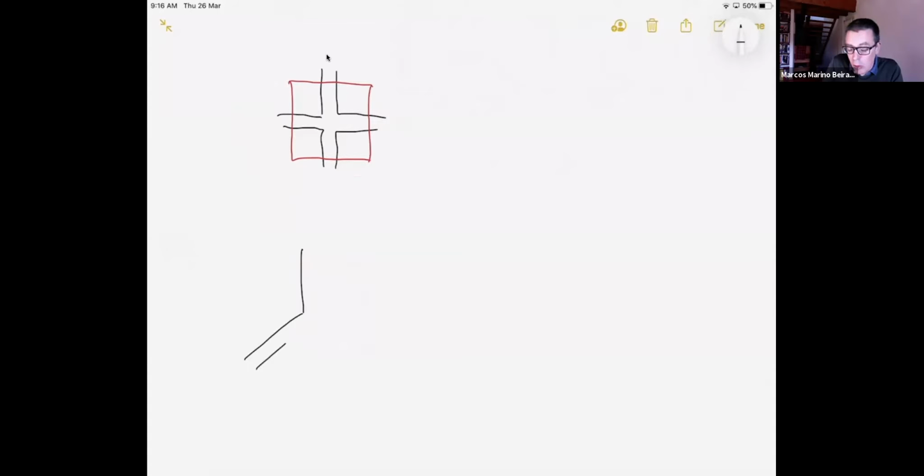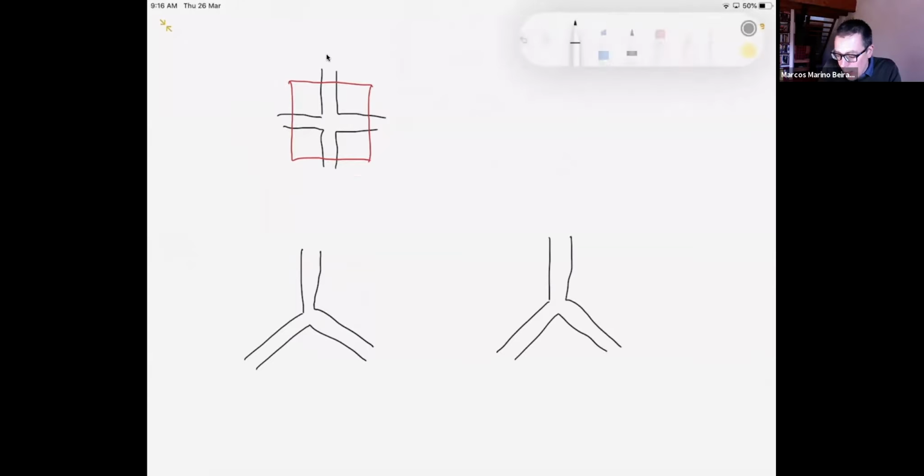So here is a cubic vertex. Here is another cubic vertex. Here is another cubic vertex. And now I consider the triangles associated to them.